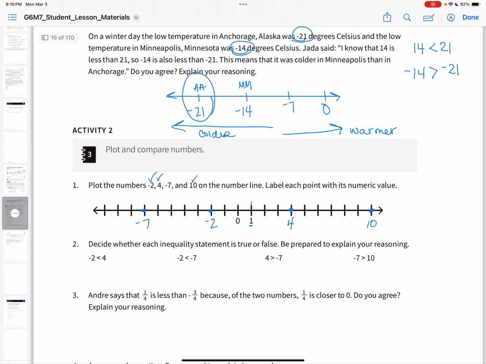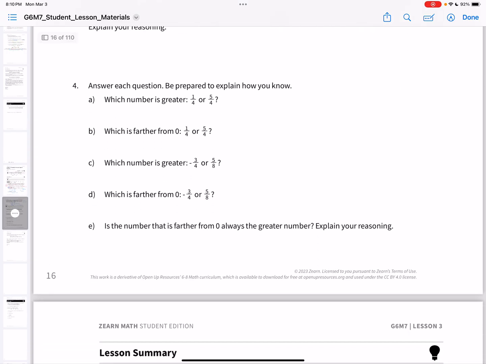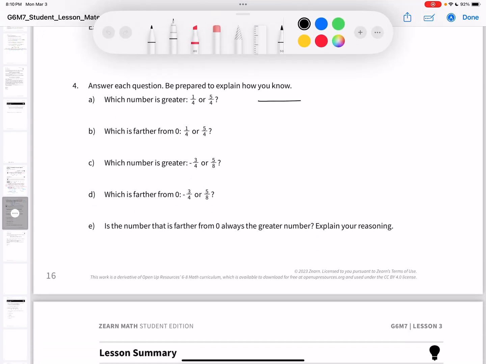Okay, let's try this again. 0's here, we have 1, and we have 2. So 1/4 would be here, and 5/4 we'd go 1, 2, 3, 4, 5. That's 5/4. So which number is greater? Well, which number is to the right of the other number? 5/4 is to the right, so 5/4 is bigger than 1/4.